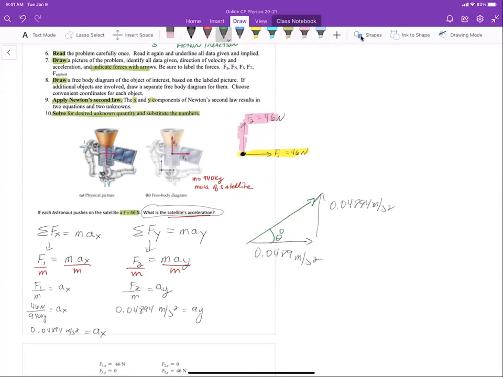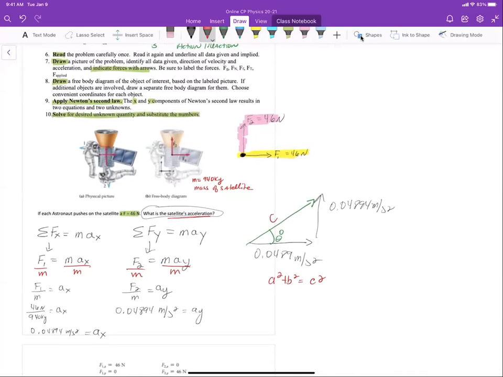Well, how do we solve that? We solve that by saying a squared plus b squared equals c squared. This is c, and this is side a. It doesn't matter which of the other two is a or b, but c has to be the hypotenuse.